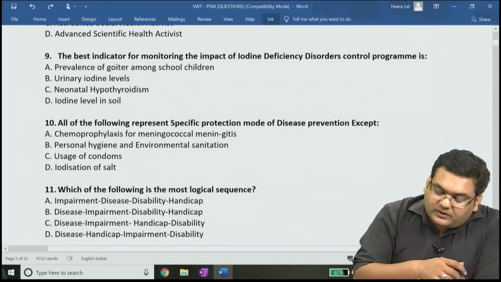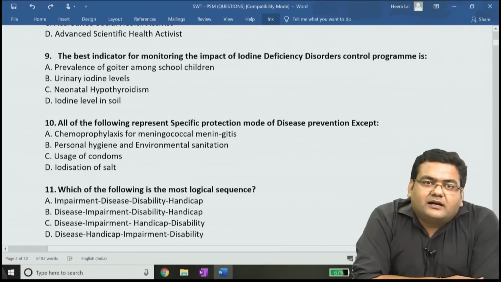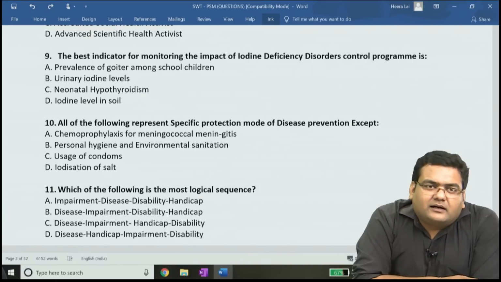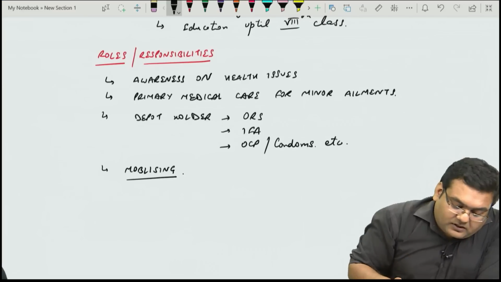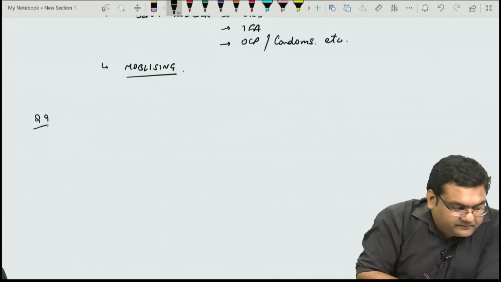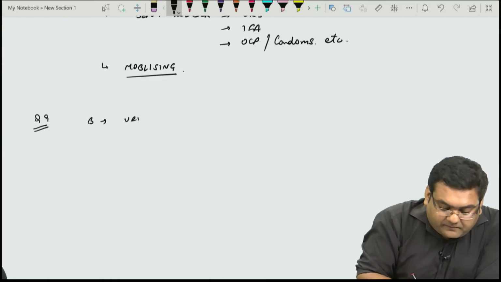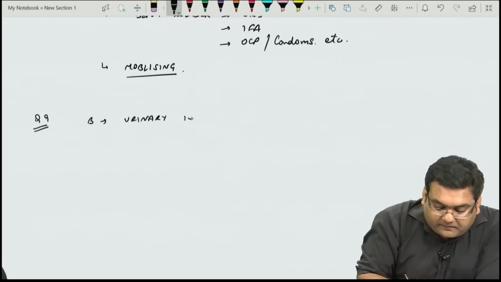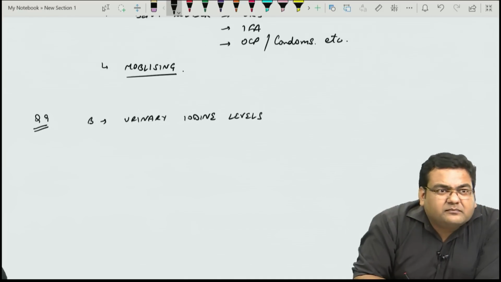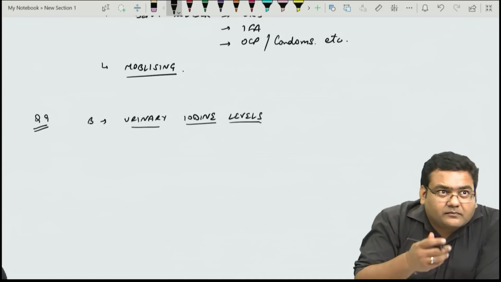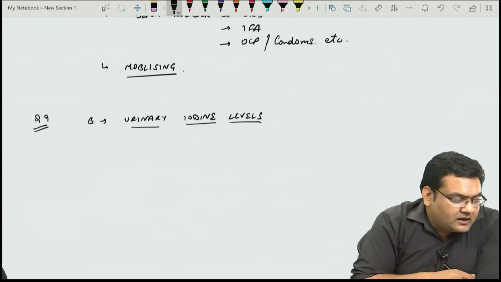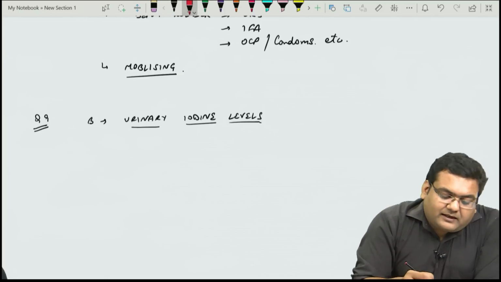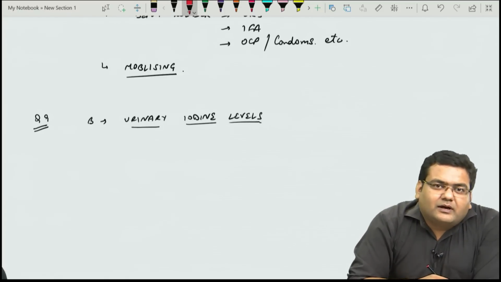Next question, that is your question number 9. The best indicator for monitoring the impact of iodine deficiency disorder control program. Correct answer is option B, that is urinary iodine levels. Now what are the impact indicators which have been suggested under this program of National Iodine Deficiency Disorder Control Program?